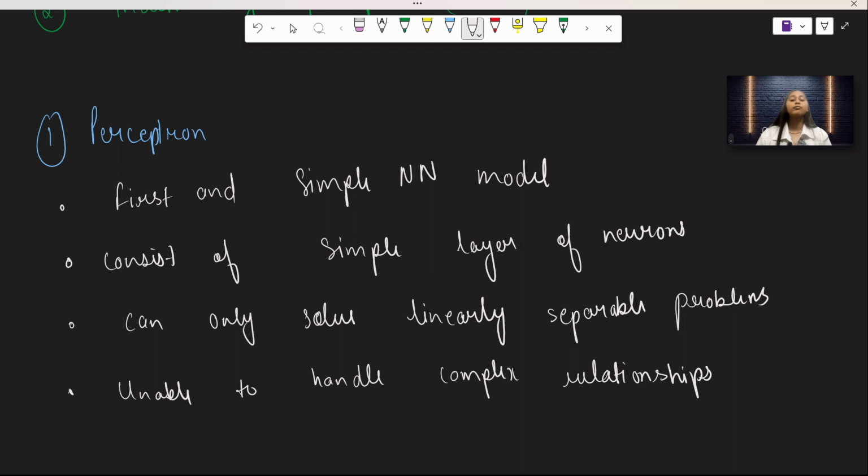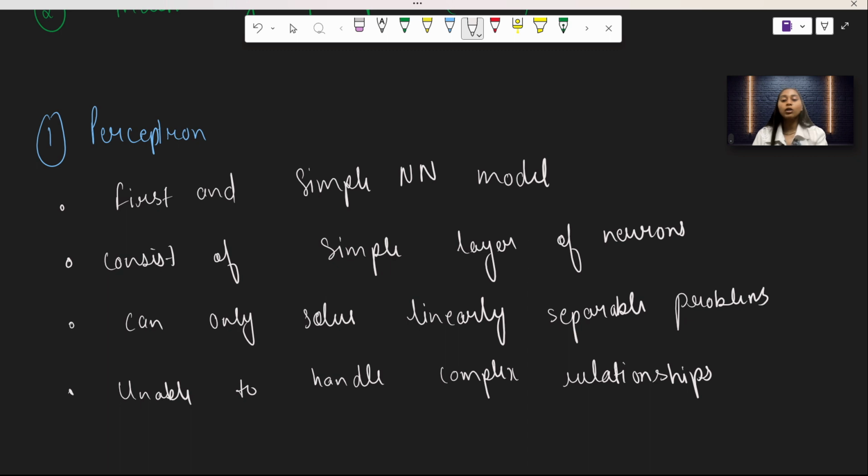This is one of the biggest disadvantages of the perceptron. It is not able to handle complex relationships because it is a very simple neural network that can handle only simple kinds of equations, right? So we can use it when we have a simple problem, when we have a linearly separable problem, or when we do not want to use any complex model. Then we can use the perceptron.